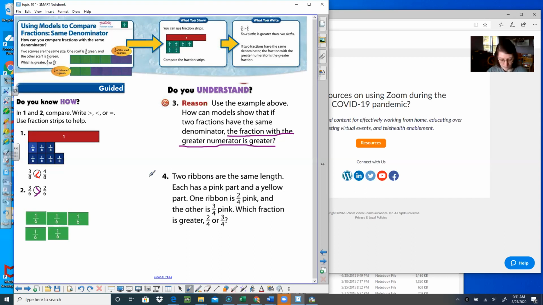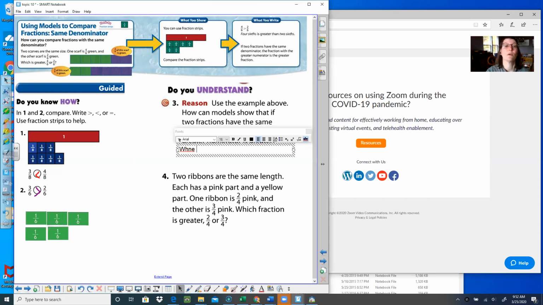So I'm going to type because I don't want to try to write with my mouse, but I want you to try to copy what I type. When the denominators are the same, I can see that Mrs. Mears cannot type very well. Whoops.